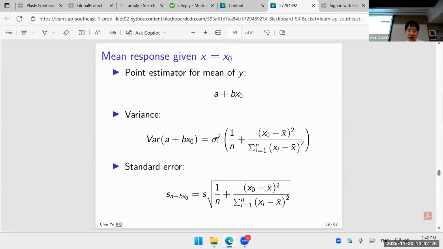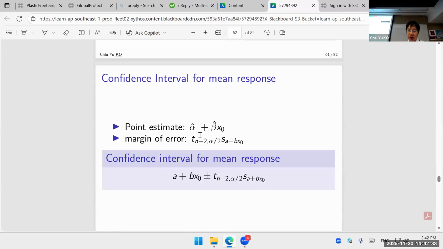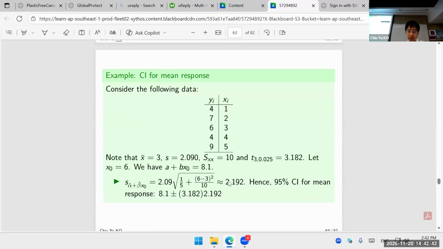If you are happy to assume normality, the whole thing is normal, so everything works very nicely. These are point estimates. For the margin of error, you just add plus or minus this.